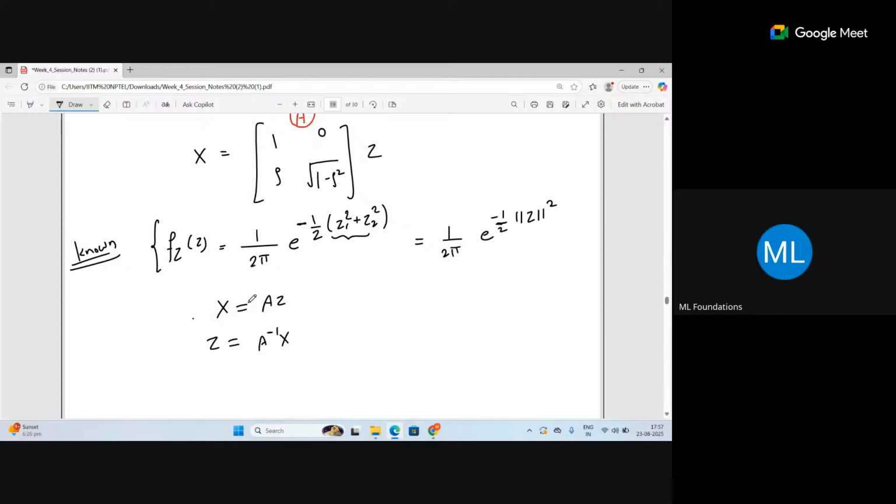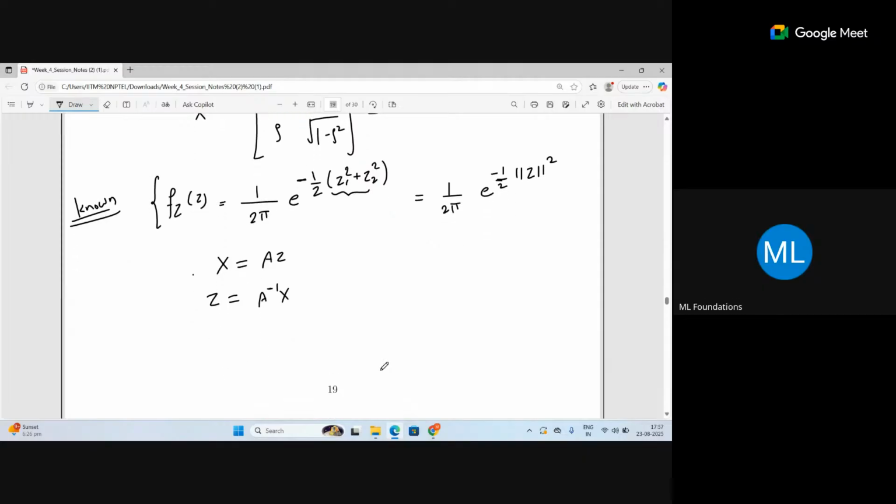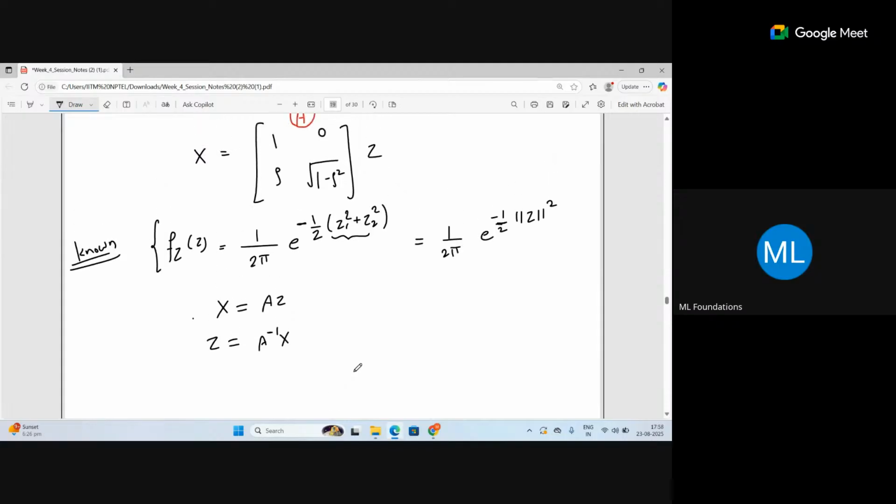This is a vector matrix format, or you can say it's a matrix format. If x equals Az, A is a matrix here, then we cannot have x by A, because in matrix we cannot divide by the matrix. You will take its inverse. So z will be A inverse x, correct? I hope all of you know that.